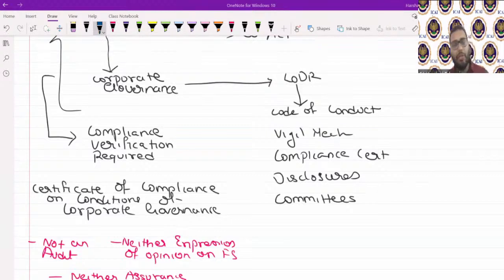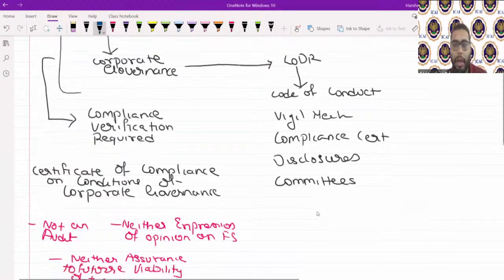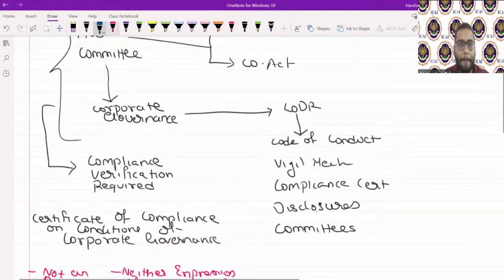Now, there are certain issues already addressed in the LODR regulations regarding corporate governance. That is the responsibility and functions of the board, code of conduct, vigil mechanism, we'll see. So these are the things given in the LODR regarding corporate governance.